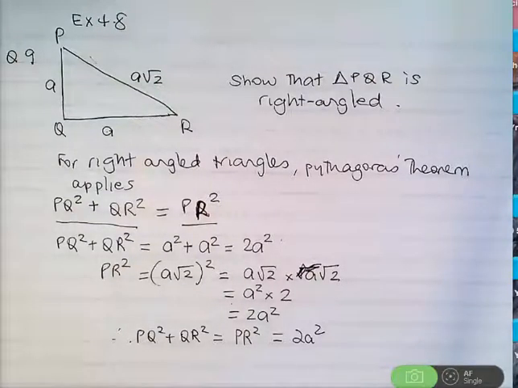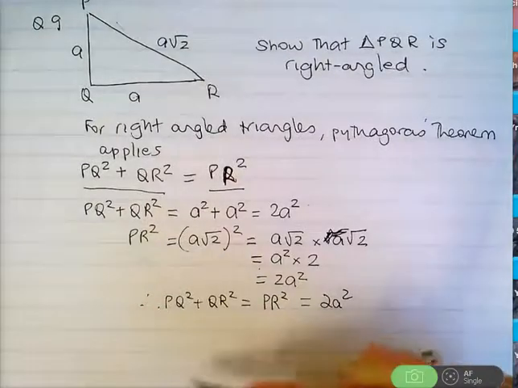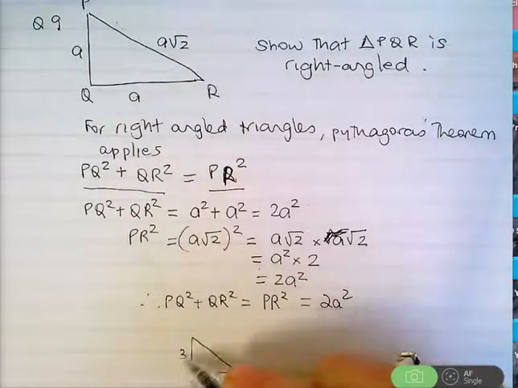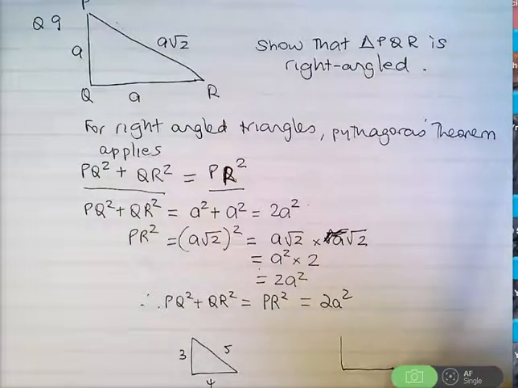All right, now I'm going to show you that with just numbers. Just showing you, for example, 3, 4, 5, we know is a triad, don't we? I'll draw it right angled.